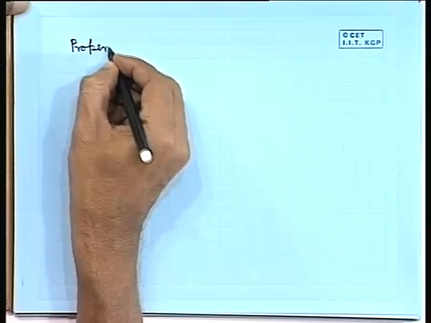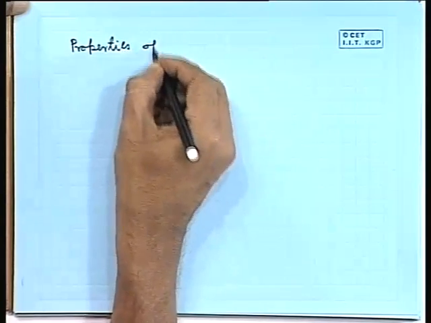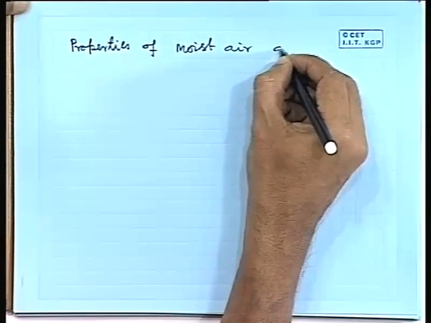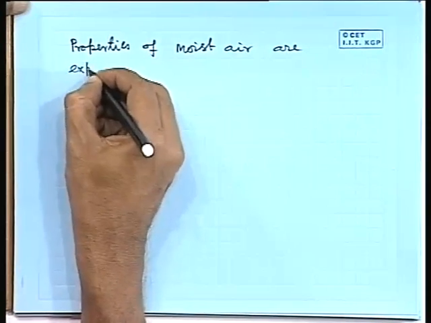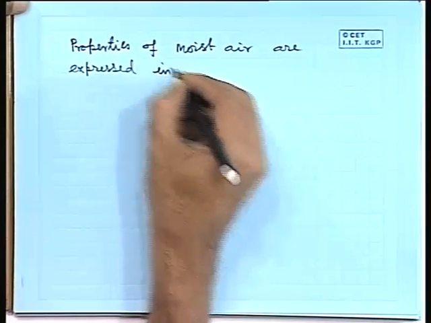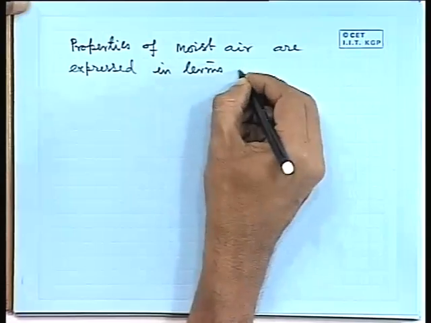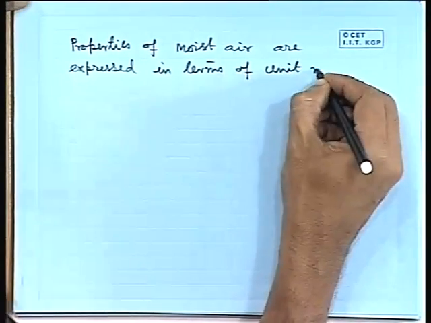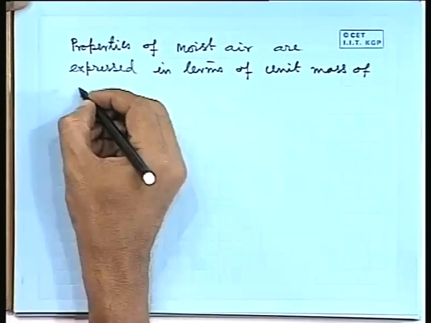Basically, in this connection we would like to mention one thing: as I have told, properties of moist air are expressed in terms of unit mass of dry air.